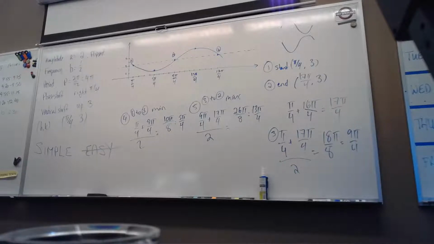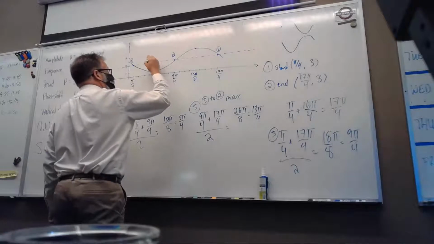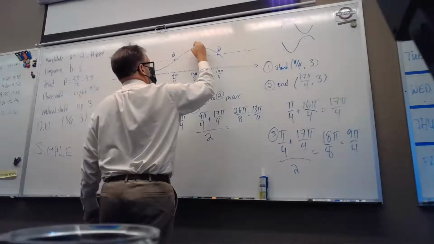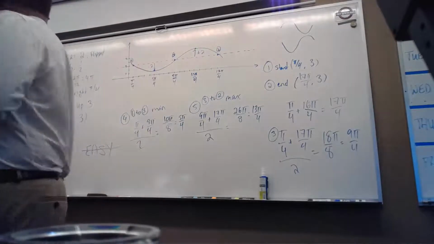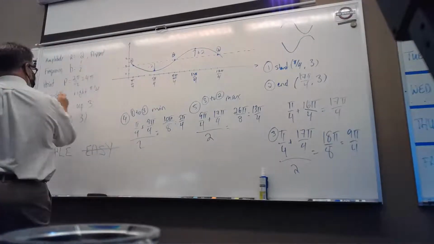It's pretty simple. So what's the minimum and maximum for y? Did we just take the amplitude and then the center line? Down 2, up 2. And then how did we find the center line again?